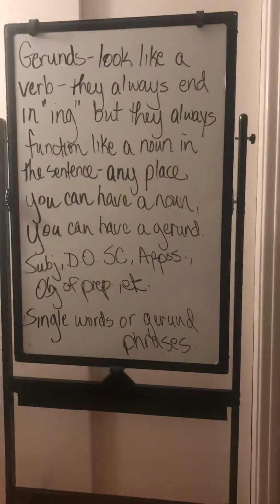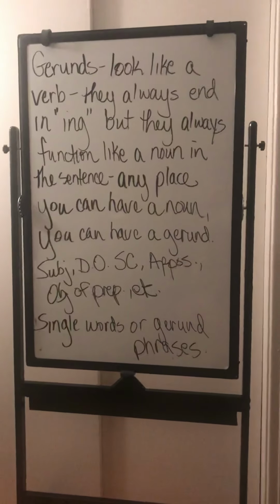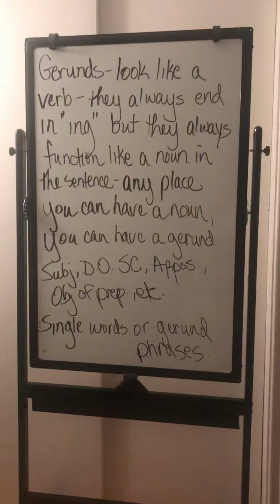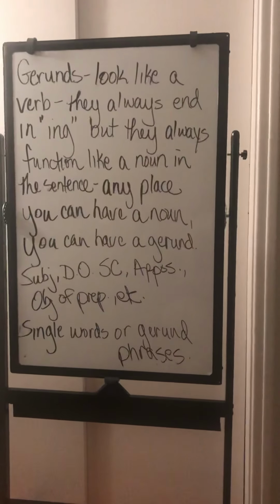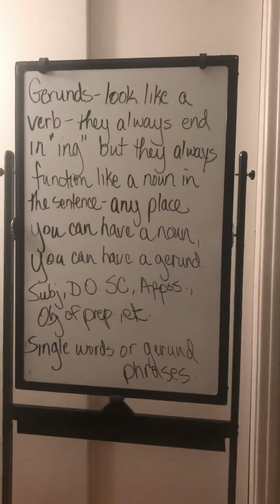Gerunds can also be in phrases. So again, they can take on a prepositional phrase, which gives you more information about the gerund and describes the gerund. And so it's the single word gerund followed by the prep phrase that becomes a gerund phrase.